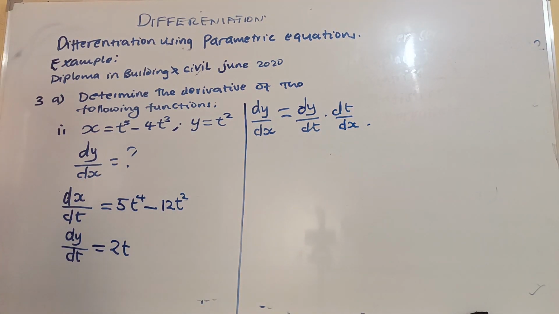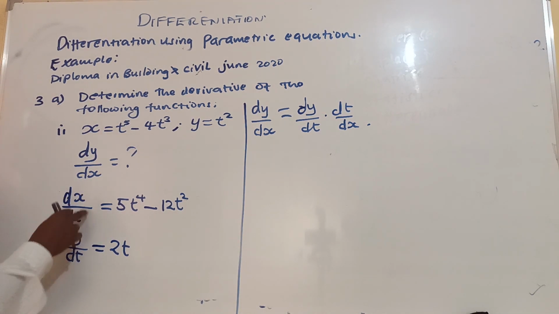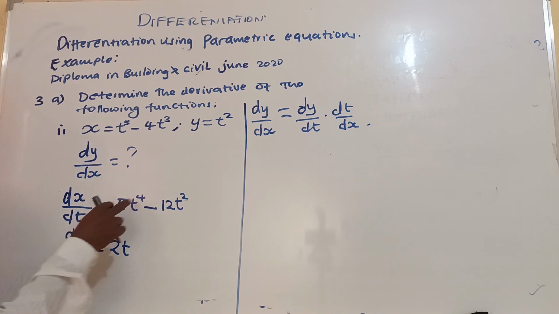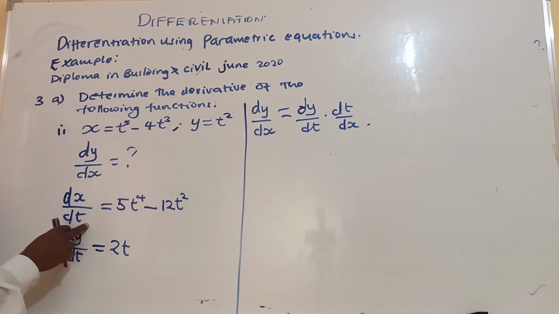So we have dy/dt, but we do not have dt/dx. Instead we have dx/dt. So in this case we have to find dt/dx, which is simply the reciprocal of dx/dt.